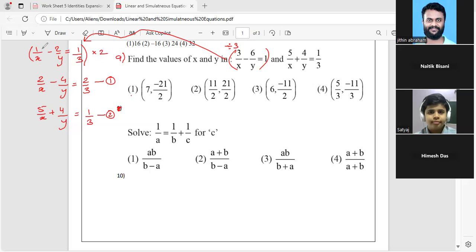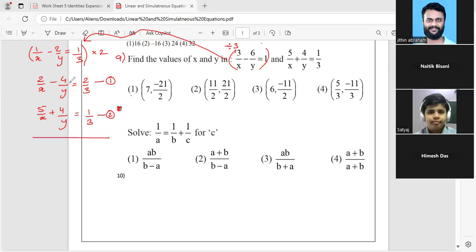Why? Because when I multiply it by 2, 1 by x becomes 2 by x, 2 by y becomes 4 by y, and 1 by 3 becomes 2 by 3. This will make 4 by y and 4 by y the same. That was initially the first one, then I made it like this, then like this. Hence, I named it the first one only. Understood, sir. Yeah.